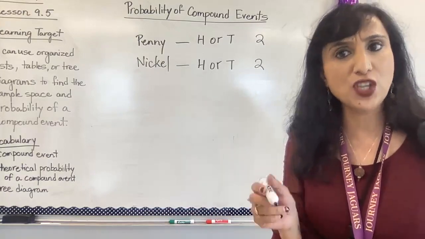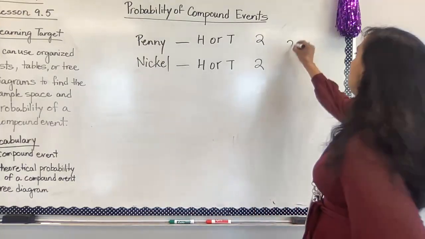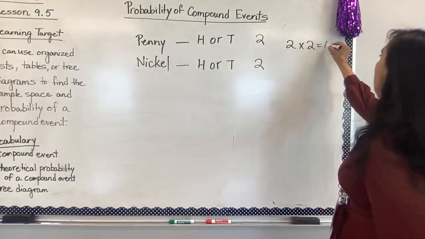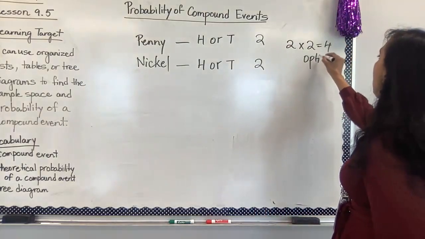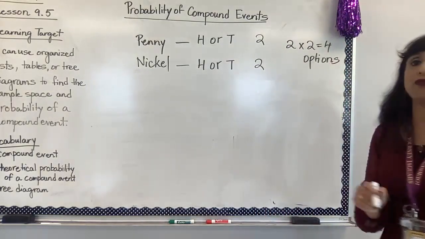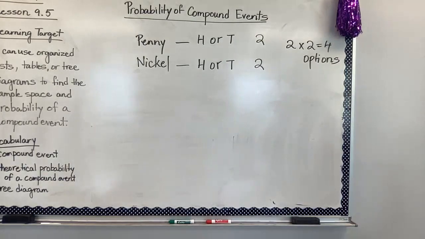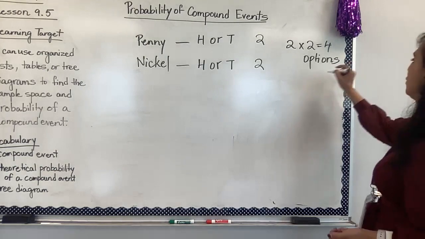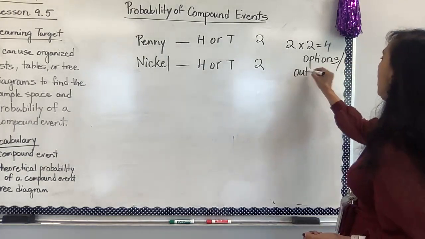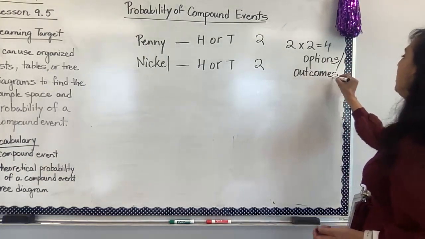What is 2 times 2? 4. So if I do 2 times 2, I know that I'm going to have 4 different outcomes over here. Options meaning your outcomes. That's what I am going to be getting.